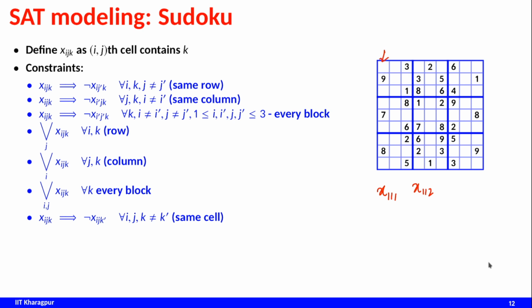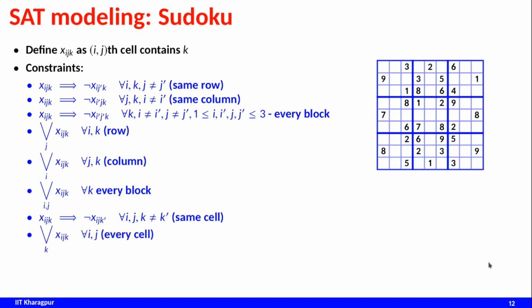Then this is problematic, so on the same cell two different numbers cannot be placed, so we can say xijk implies not of xijk prime. So if I select 1 to be placed, then I cannot put any other k on that cell.